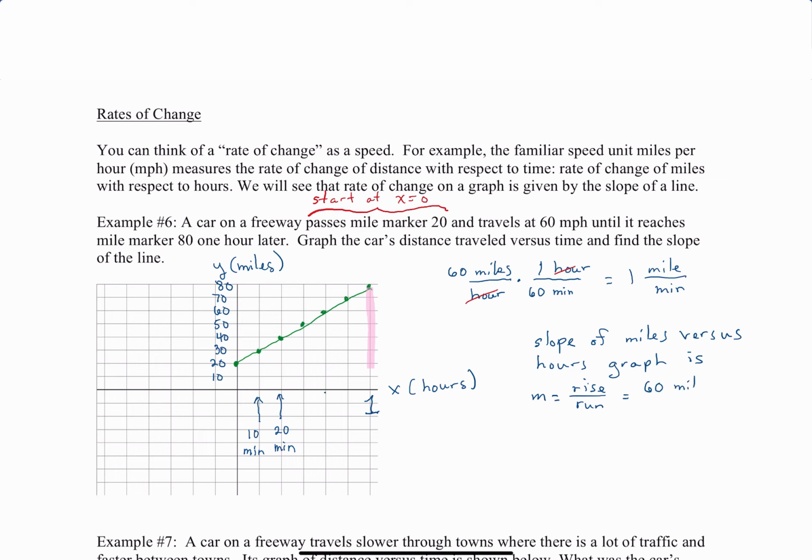And I've got a run of 1 hour, going from 0 hours to 1 hour. So the slope is 60, and notice that gives us our units, miles per hour. So when you graph miles versus hours, the slope of that line gives you the rate of change of miles with respect to hours.